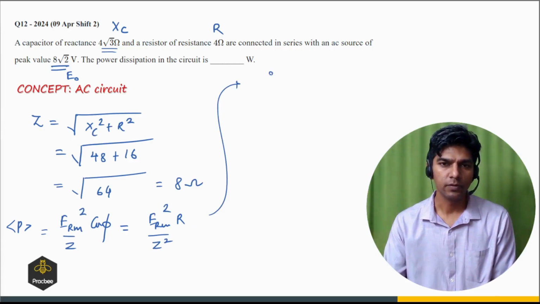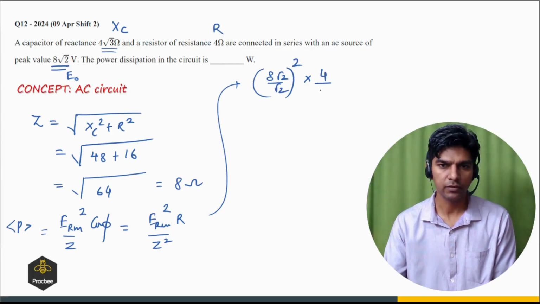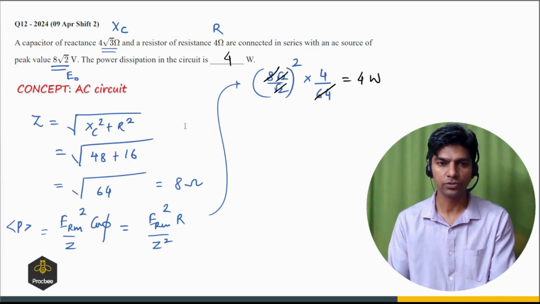E RMS will be 8 root 2 by root 2, square of that, times R which is 4, divided by impedance square. Impedance is 8, so that will be 64. So this 8 will get cancelled out, and root 2 will get cancelled with root 2, so we are getting 4 watt. So 4 is the answer of this question.